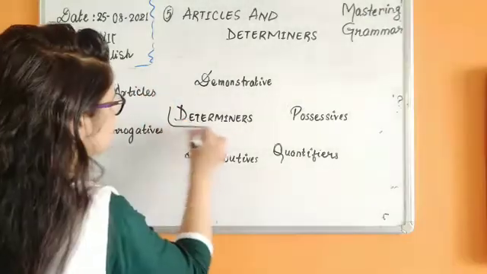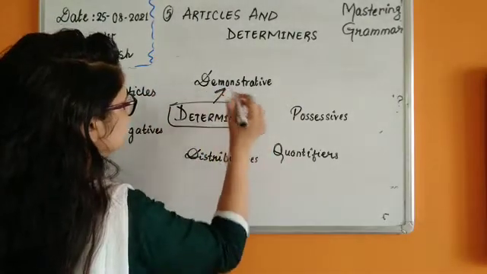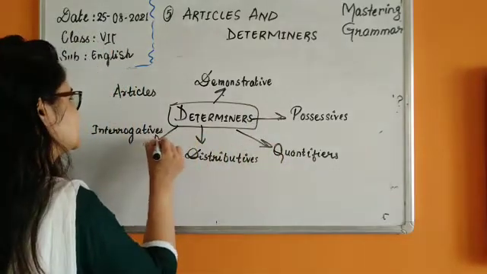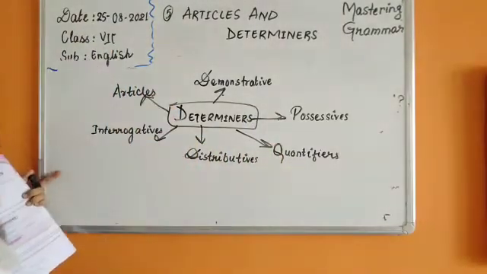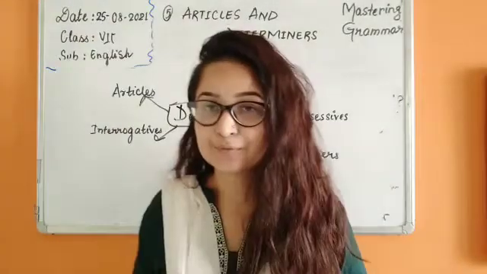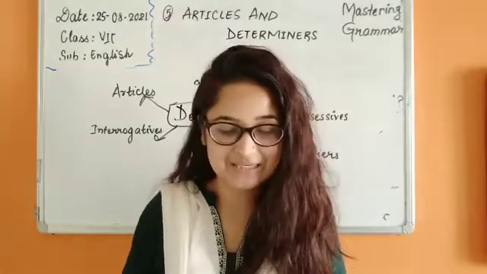Yes, children, so we have determiners, and then we have demonstratives, possessives, quantifiers, distributives, interrogatives, and articles. Okay, children, so now let's move to knowing about each of them in detail.